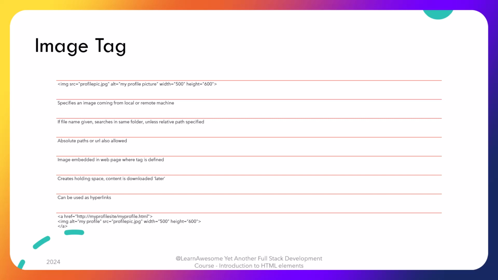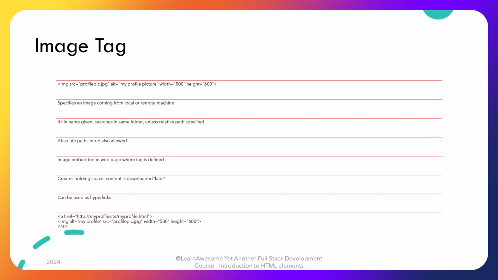It doesn't matter if the HTML file is on your computer or a web server, the file must be present alongside the HTML file. You can provide a relative path like /images/profilepic.jpg or a full file or web path like http://mywebserver.com/images/profilepic.jpg. The picture would be embedded at the location in the web page where this tag is defined.